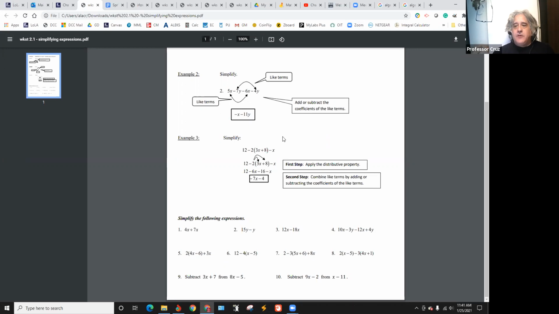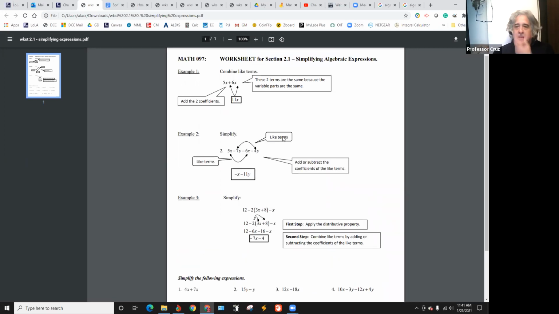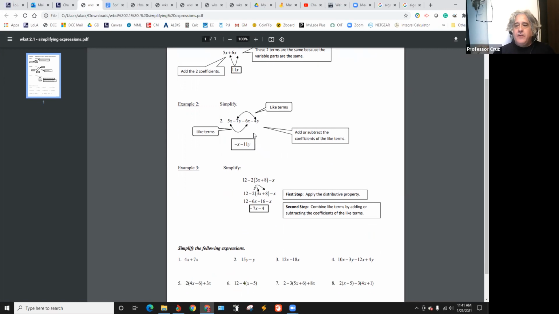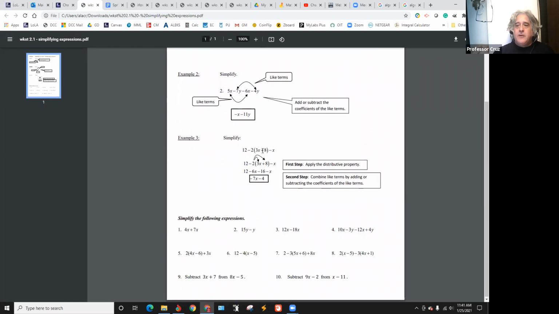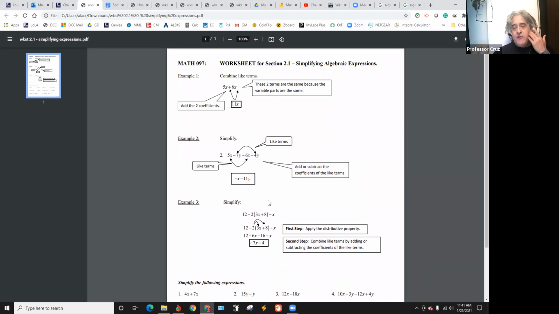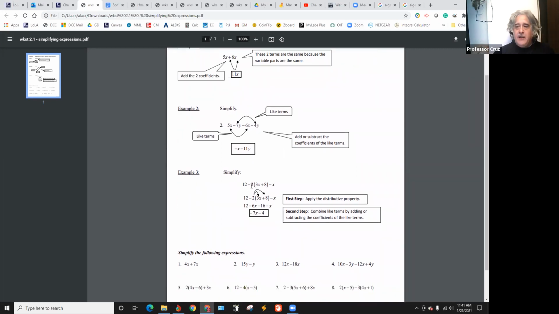For this one, the simplification involves doing a little bit of multiplication first. We have to distribute first because we've got a negative 2 in front of the parentheses. We can't take those out until they're multiplied by the negative 2. So 12 minus 2 times 3x is negative 6x, mixed signs.